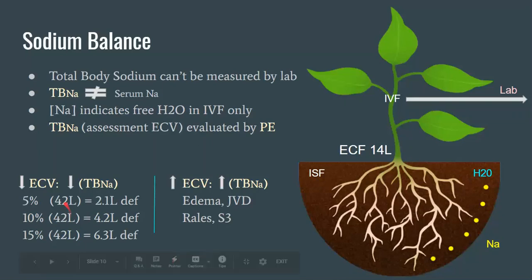We can look at the patient and see if they look dry. And if they look dry, we're really looking at the extracellular fluid space in the interstitium, because that's really where the action is. If the extracellular fluid space, the interstitial fluid, looks volume overloaded, then the total body sodium must be volume overloaded.